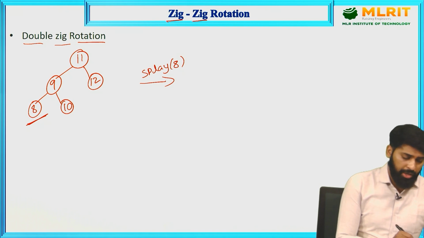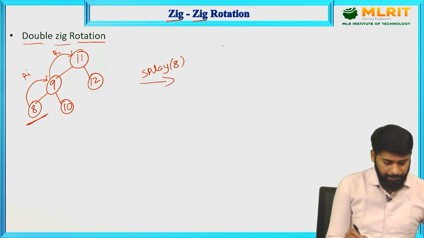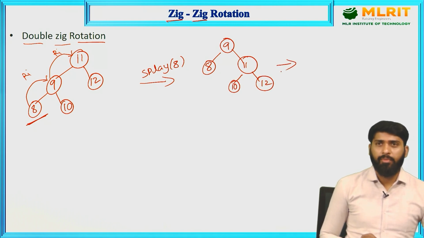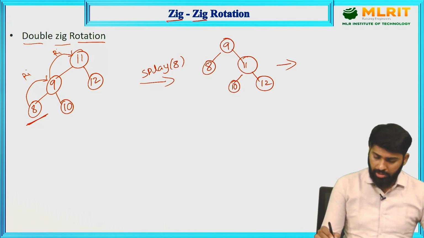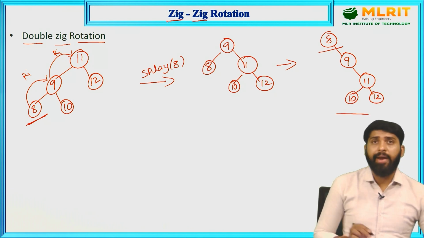So rotate with 2 zig rotations, that is, right rotations. The tree becomes 9, 8, 11, 10, 12. One zig rotation is over. Now another zig rotation, so 8, 9, 11, 10, 12. Now 8 is the root.